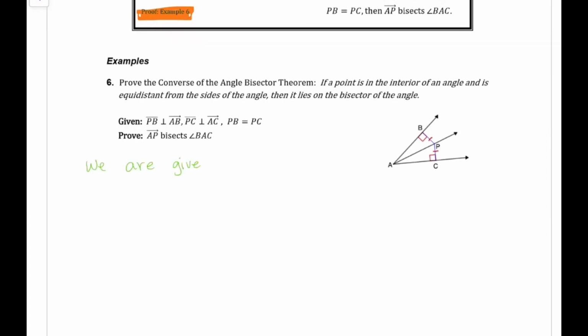So we are given that PB is perpendicular to AB and PC is perpendicular to AC. So PB is also equal to PC.